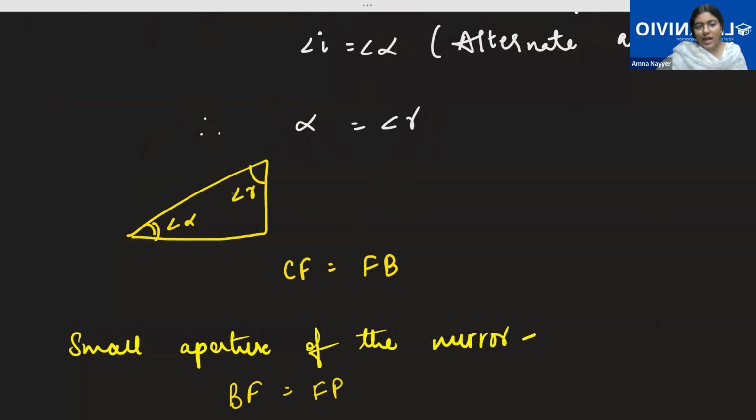So if these two angles are equal, the opposite sides will also be equal. Is it? Yes, ma'am. So this is B point, this is C point, this is F point. So I can say CF is equal to FB.